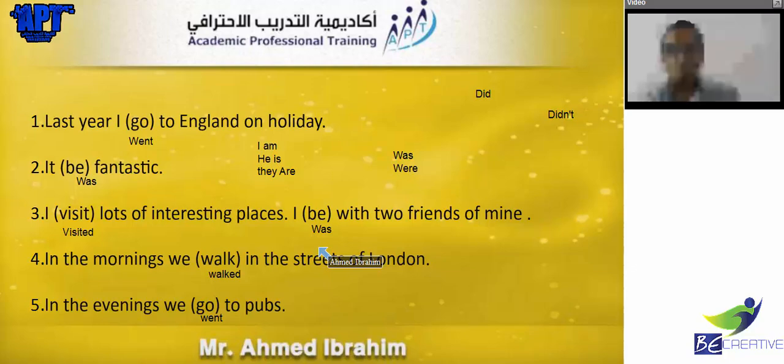So what is so special about verb to be? Why did I leave them till the end? Because you have to know, if I want to make any sentence negative, I use didn't. Any sentence with any verb in the world, except if the verb I have is verb to be. In this case, and in this case only, I use verb to be in the negative.